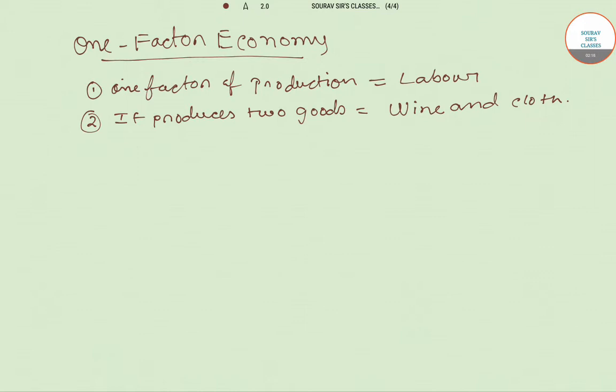Now, America's technology is summarized by its labor productivity in each industry, expressed in terms of the unit labor requirement: the number of hours of labor needed to produce a unit of wine or a unit of cloth.